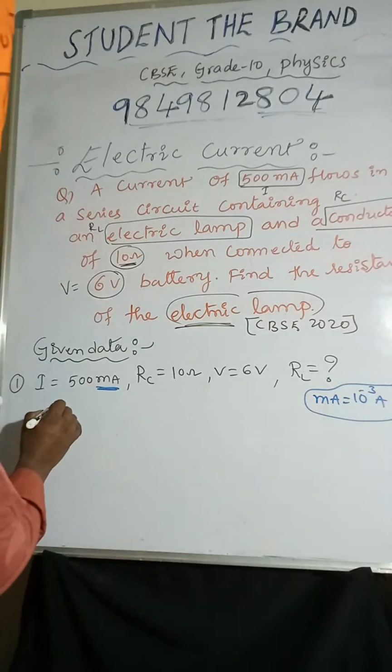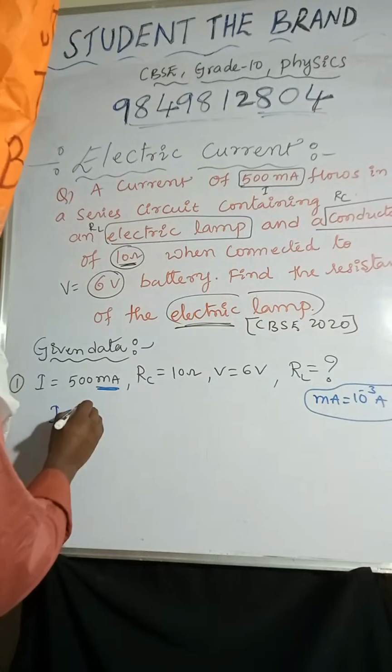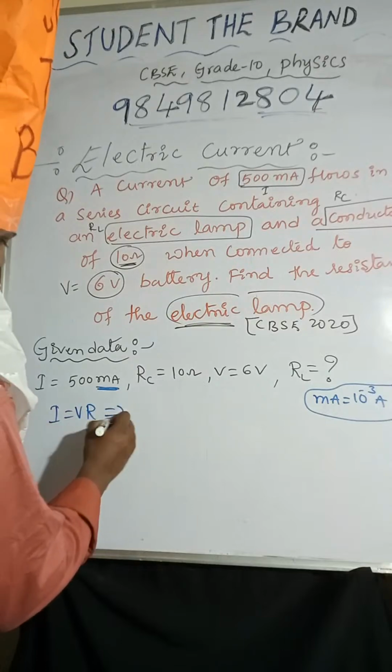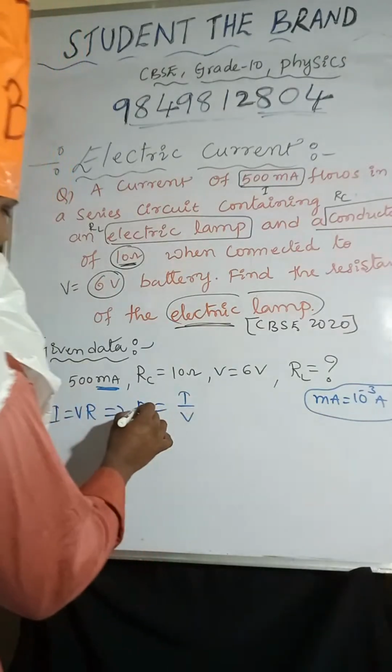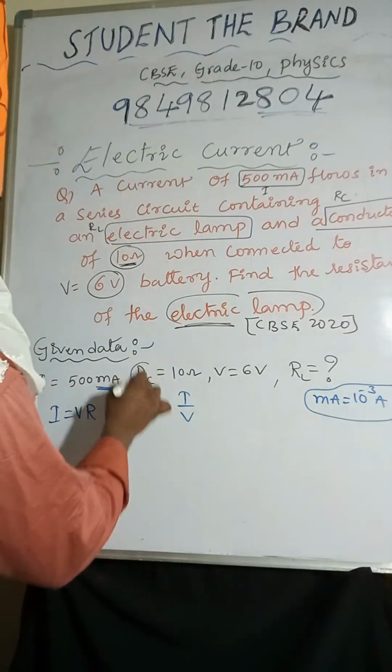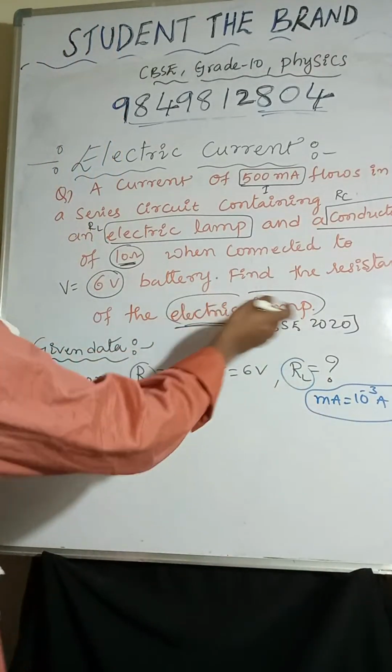Now we have to take the formula. There are two resistances here, RL and RC. RC is the conductor, RL is the electric lamp.